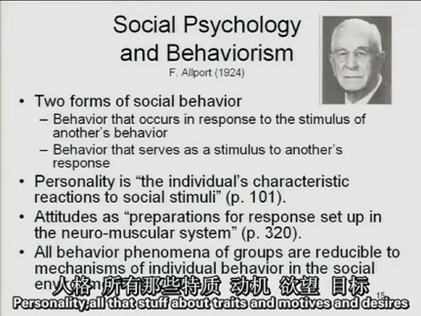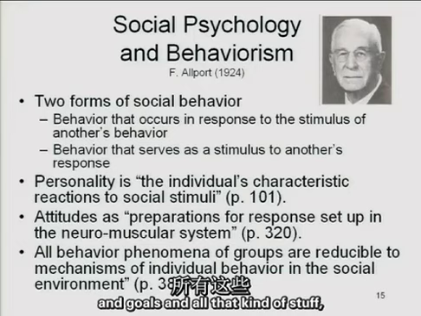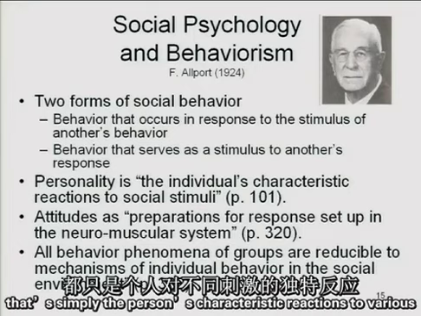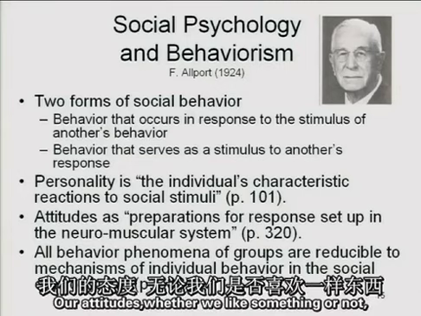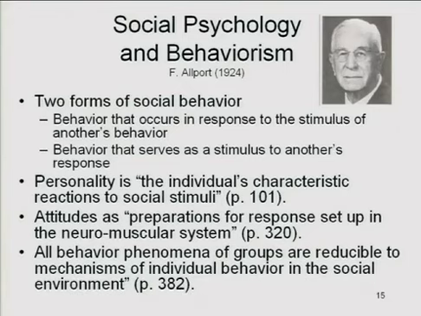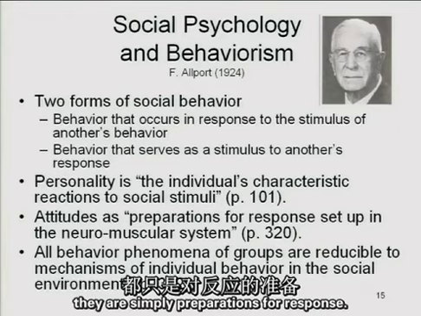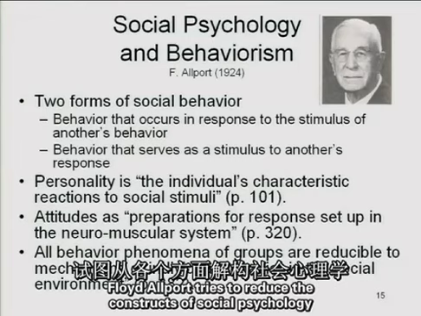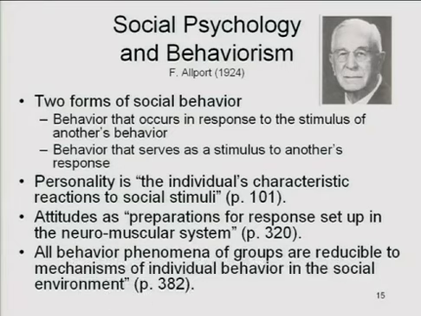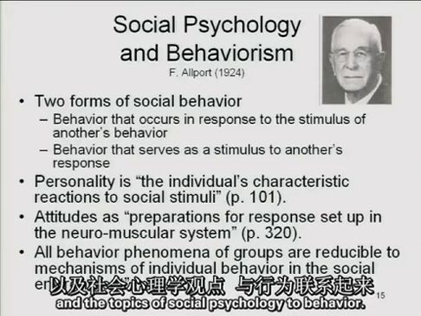Personality, all that stuff about traits and motives and desires and goals, that's simply the person's characteristic reactions to various kinds of stimuli, kind of like a habit. Our attitudes, whether we like something or not, they're simply preparations for response. So in each respect, Floyd Allport tried to reduce the constructs of social psychology and the topics of social psychology to behavior.